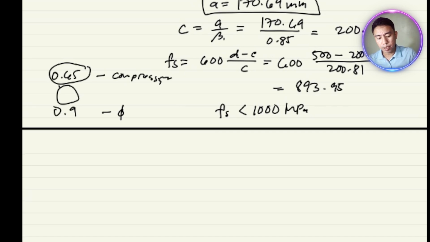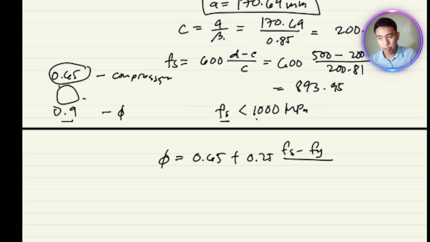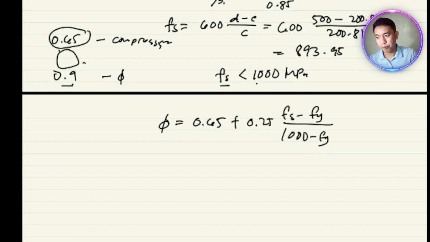So in between that one, pag Fs natin is greater than 1000 megapascal, automatic 0.9. But less than 1000, then we have the formula for phi. Gamitin natin yung formula na phi is 0.65 plus 0.25 times Fs minus Fy over 1000 minus Fy.